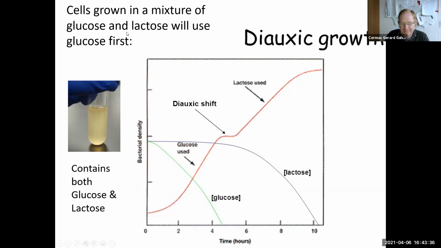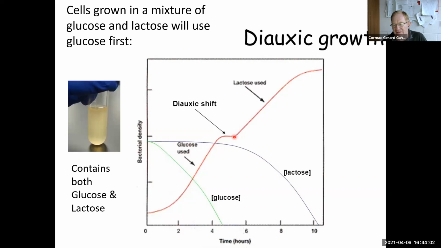They found that the E. coli would grow extremely well immediately. You can see the slope of this is quite high, so it's extremely good growth. But it would utilize all the glucose in the system. If you track the level of glucose, it goes down. The cell is utilizing the glucose for extremely good growth.